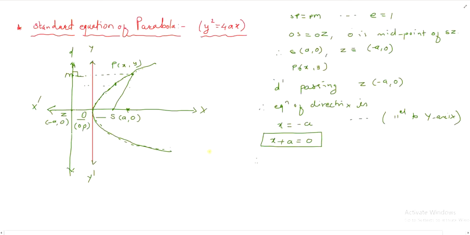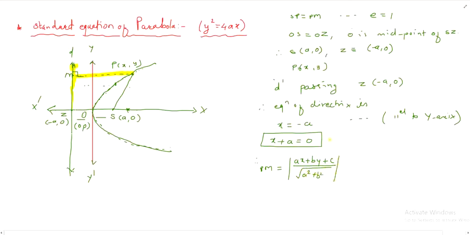So here, the distance of the directrix D from a fixed point P is given by PM, and PM is equal to the modulus of Ax plus By plus C upon the square root of A square plus B square.